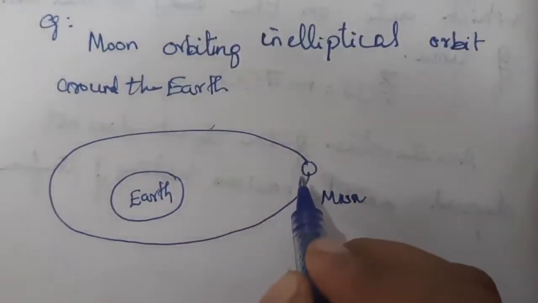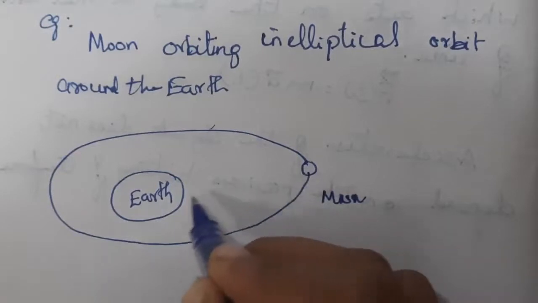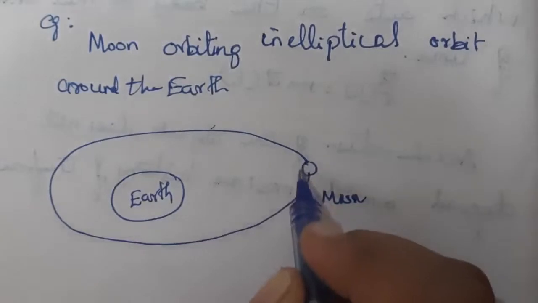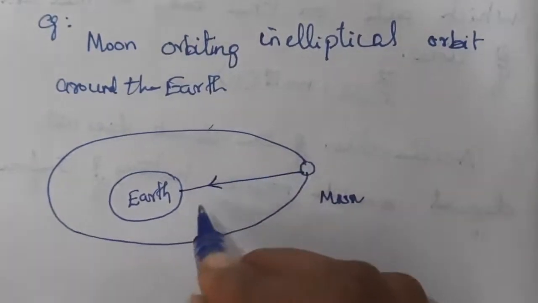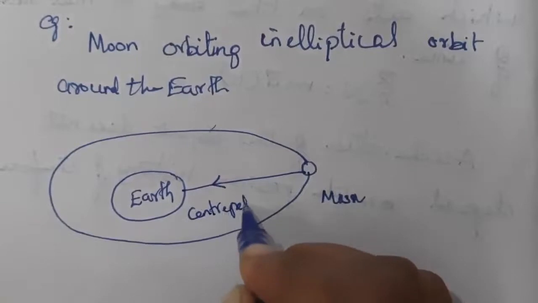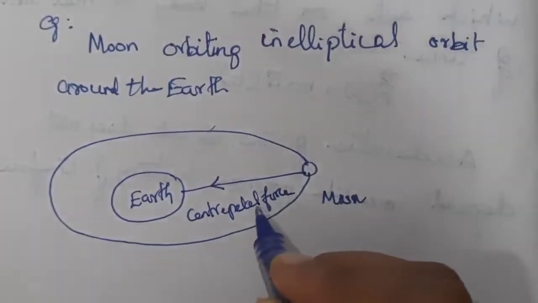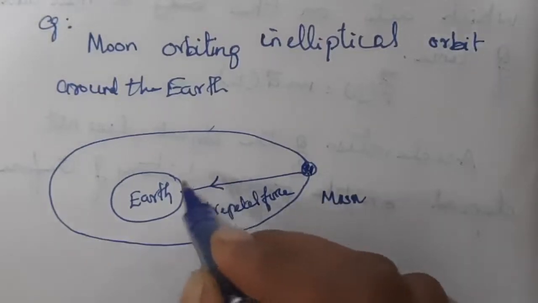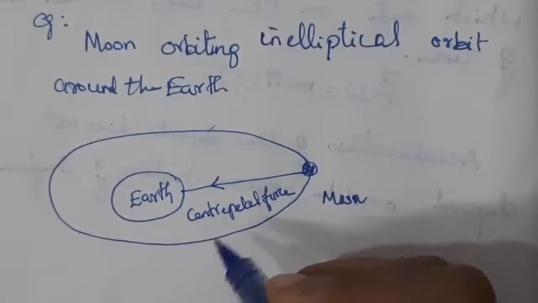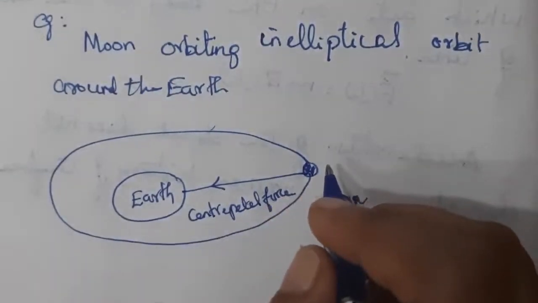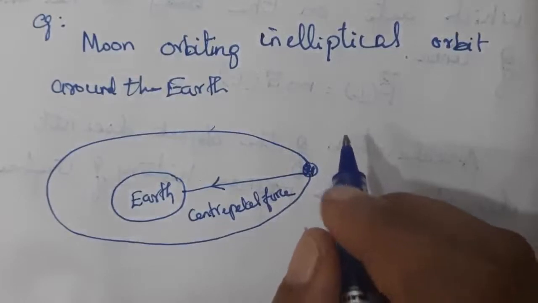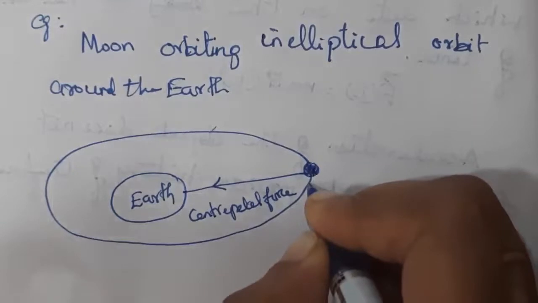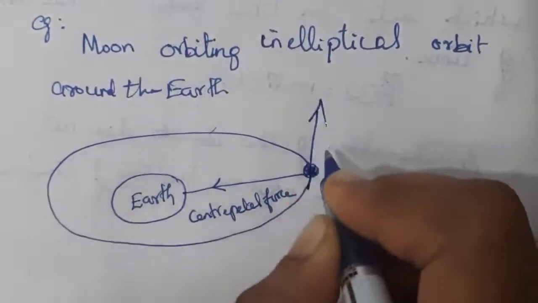We know that there is a force acting towards the center of the elliptical orbit. This force is known as centripetal force, acting towards the earth. But when you consider the direction of motion of the moon, at this point the direction can be shown by drawing a tangential line.